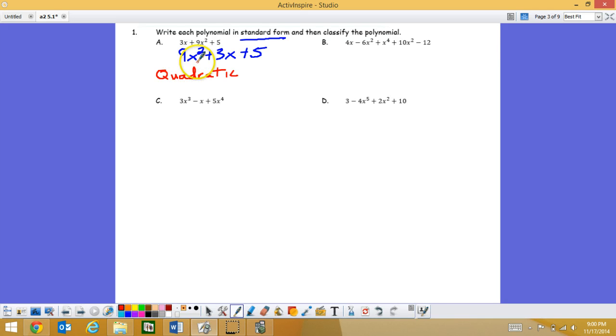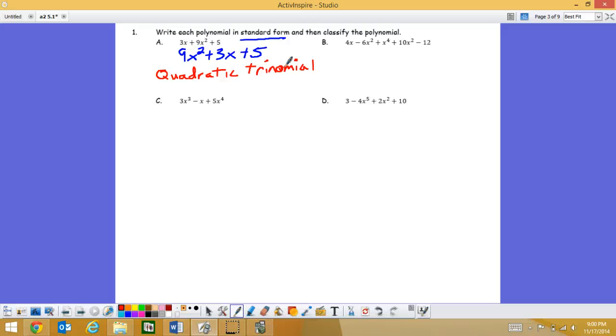And we have 1, 2, 3 terms, so that is a trinomial. So we call this particular one a quadratic trinomial. Quadratic because it's second degree, trinomial because there are 3 terms.